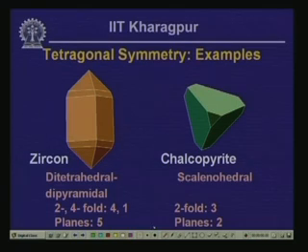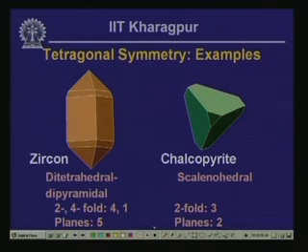Okay. Now, let us consider the subcategory. These both minerals, I said zircon and chalcopyrite, are of the tetragonal family, but they are of different subcategories. Zircon belongs to the ditetrahedral dipyramidal subcategory, whereas chalcopyrite is of the scalenohedral subcategory.